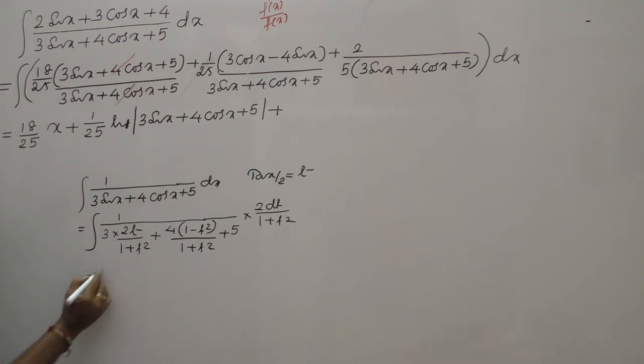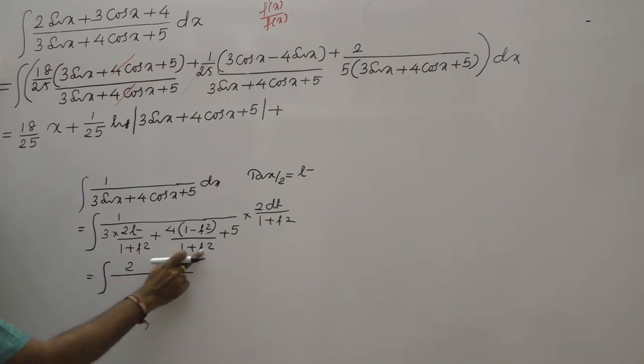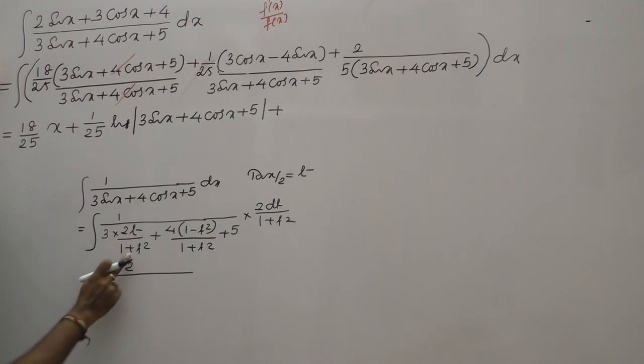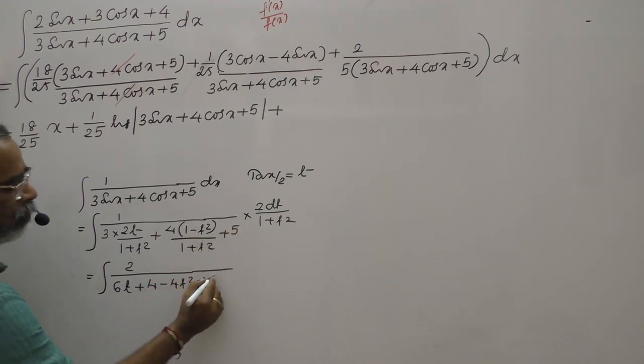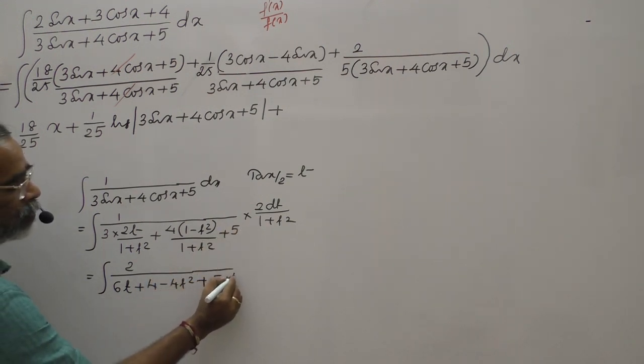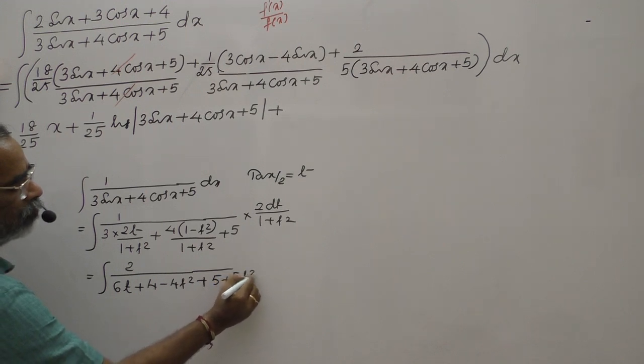Let us simplify this. Integral of, here 2 into 1, 2 will be there. I will take the LCM here. LCM is 1 plus t square. We will have 6t. Here 4 minus 4t square. Next, if you take the LCM, this will be 5 plus 5t square.